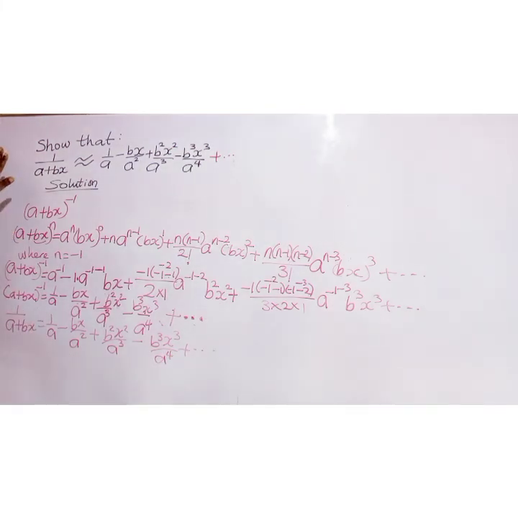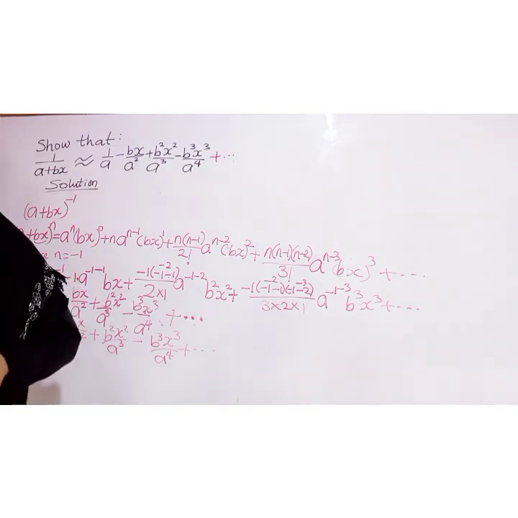So that means we have shown it. It is equivalent. If you see the question given to us and the one that we showed, you can see that they are the same thing. That means we have proven it.